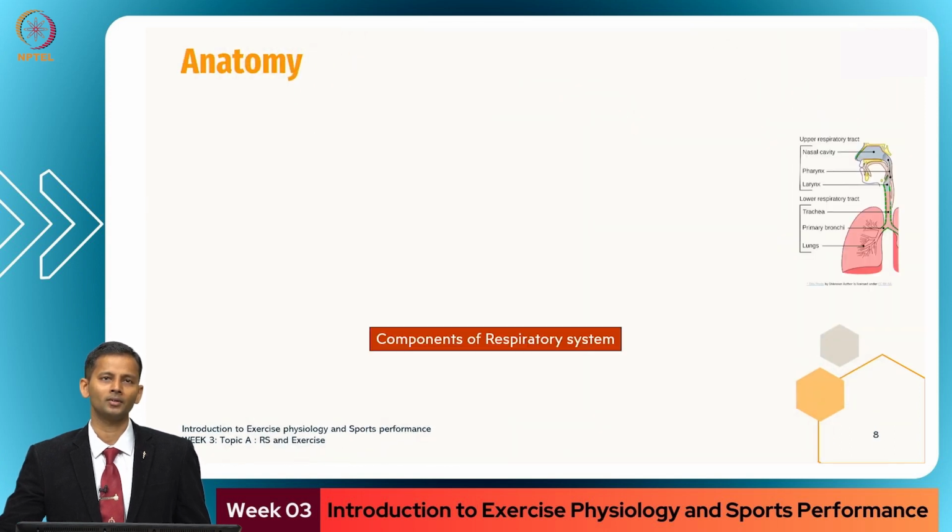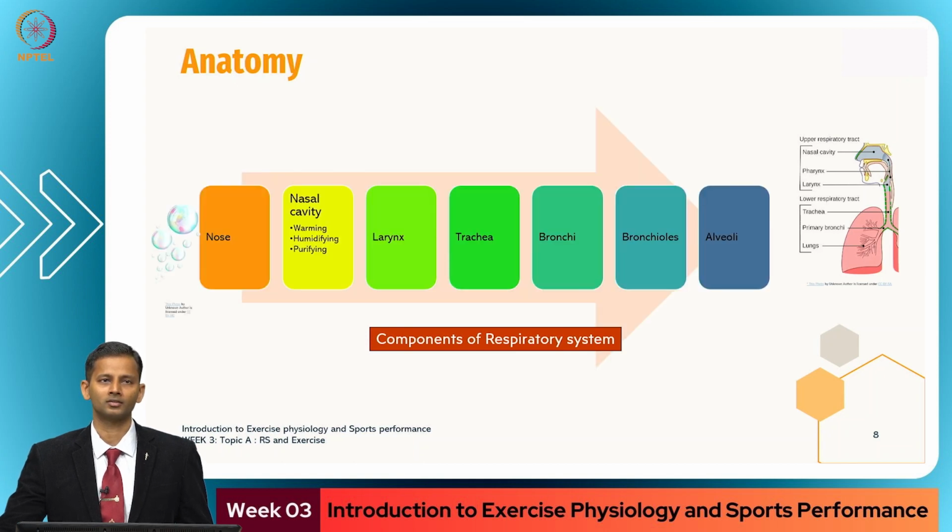Moving on to the anatomy, what are the components of the respiratory system? The picture clearly shows that the air enters through the nose. Thereafter, it enters into the nasal cavity. Basically, the air which is breathed in is humidified, warmed up, and purified at this level.